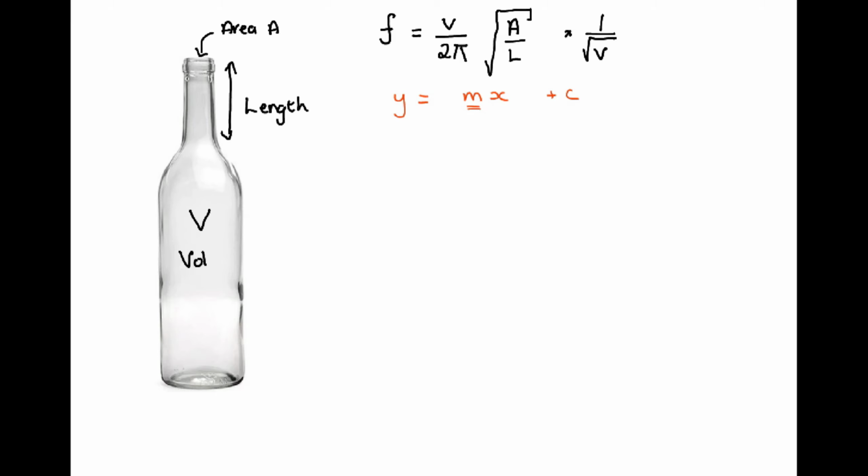And it was, so I don't forget it, I'm going to put it there, 3237. Now, this bit is our gradient, because that's what we plotted on the y-axis, that's what you plotted on the x-axis. So the bit that multiplies the bit on the x-axis is our gradient. So we know that our gradient equals this.